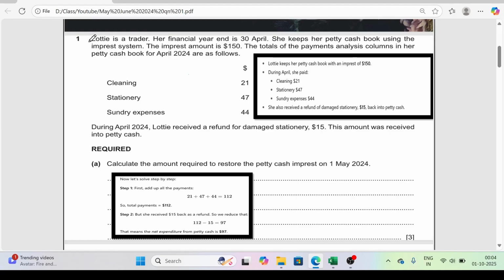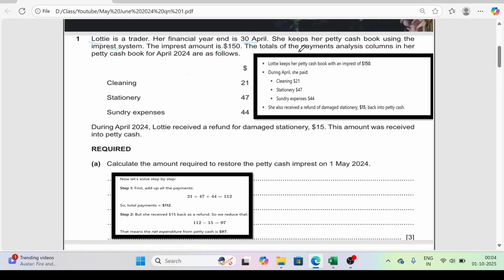Loti is a trader. Her financial year ends on 30th April. She keeps a petty cash book using the Imprest system. The imprest amount is $150.